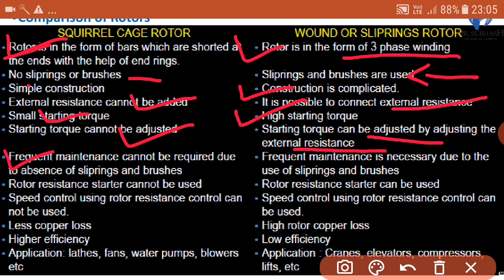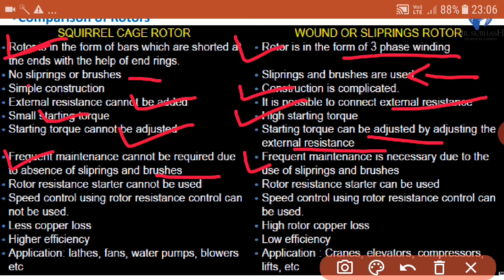Frequent maintenance is not required in the squirrel cage motor due to absence of slip rings and brushes. See, slip rings are continuously in contact with brushes, so there is friction and mechanical losses. We have to replace brushes from time to time, so maintenance is required in a slip ring motor.